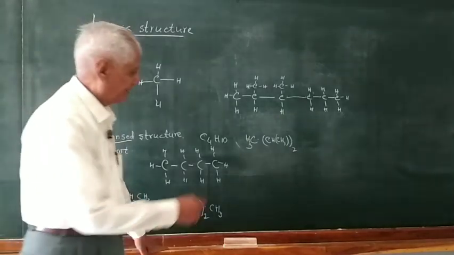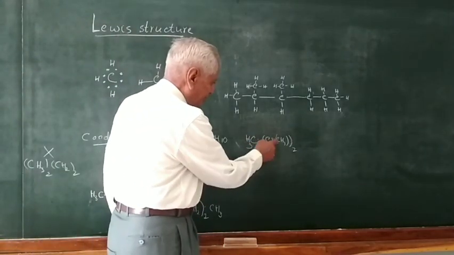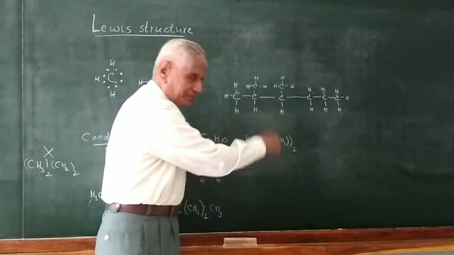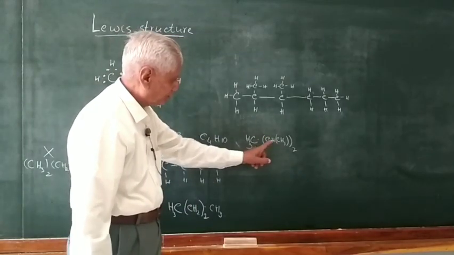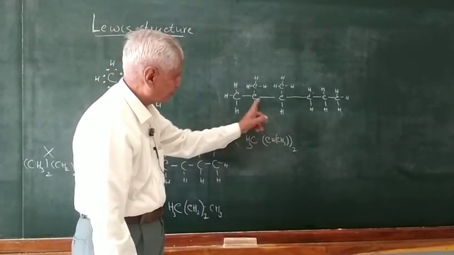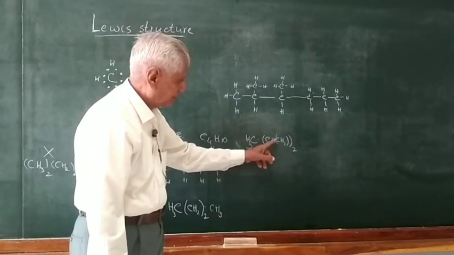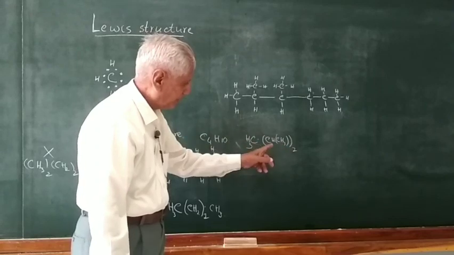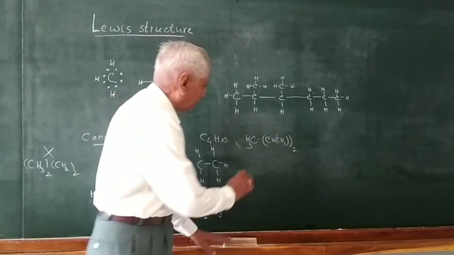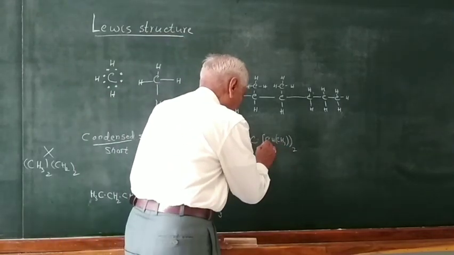Hello? CH. This CH3 corresponds to this carbon. This CH3 is attached to this carbon. Like that, there are 2 groups. So twice. CH, CH3, bracket complete, another bracket complete, twice. Or you can write the square bracket also, no problem.